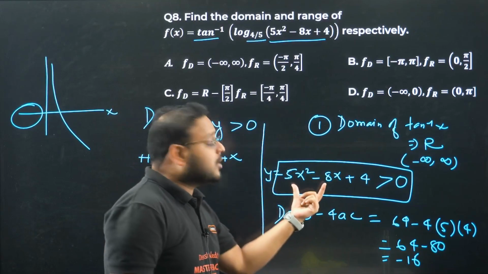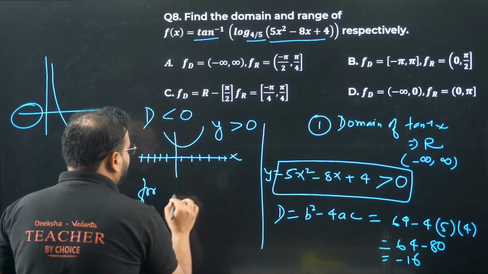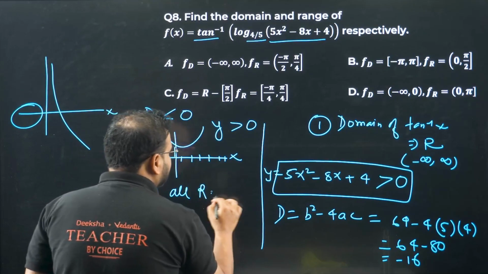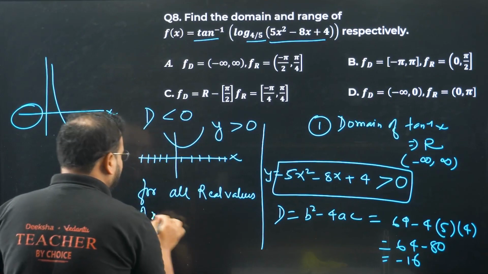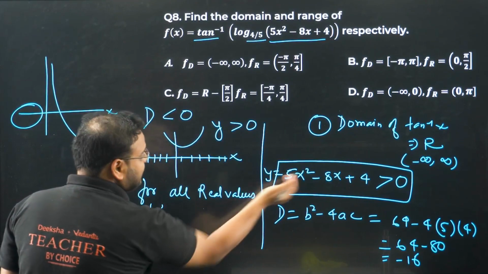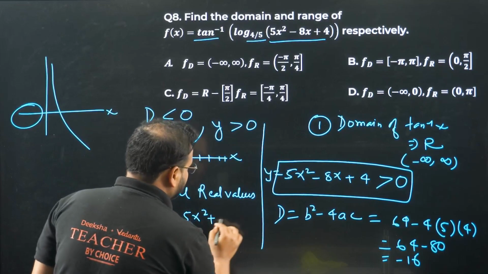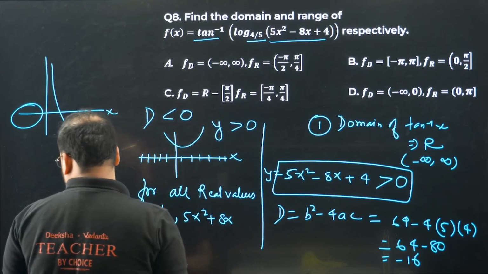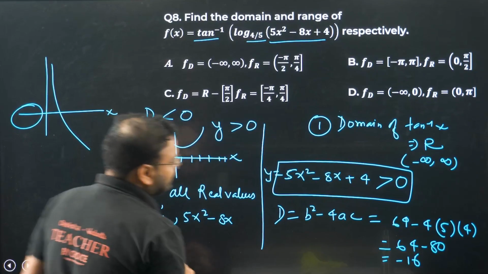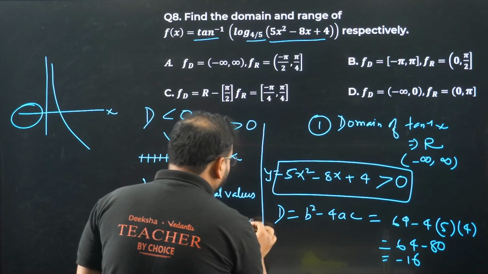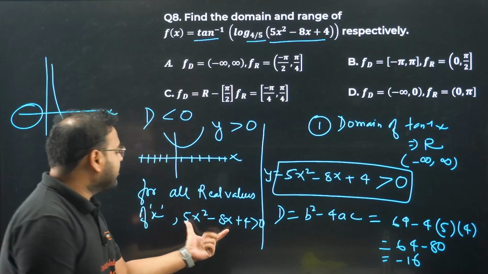It means that this is always true for all real values of x: the given statement 5x square minus 8x plus 4 is always positive, meaning whatever value you take, it will always come out as positive.